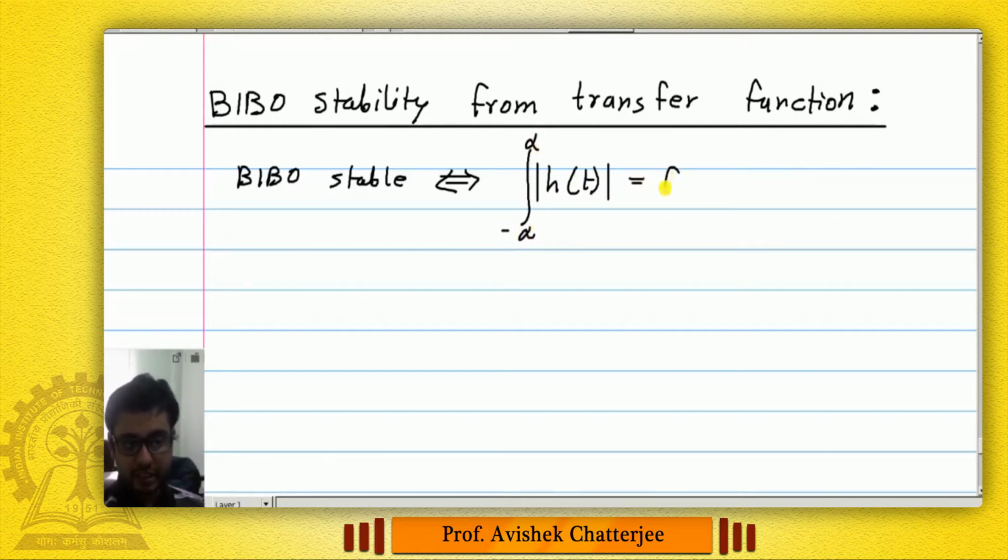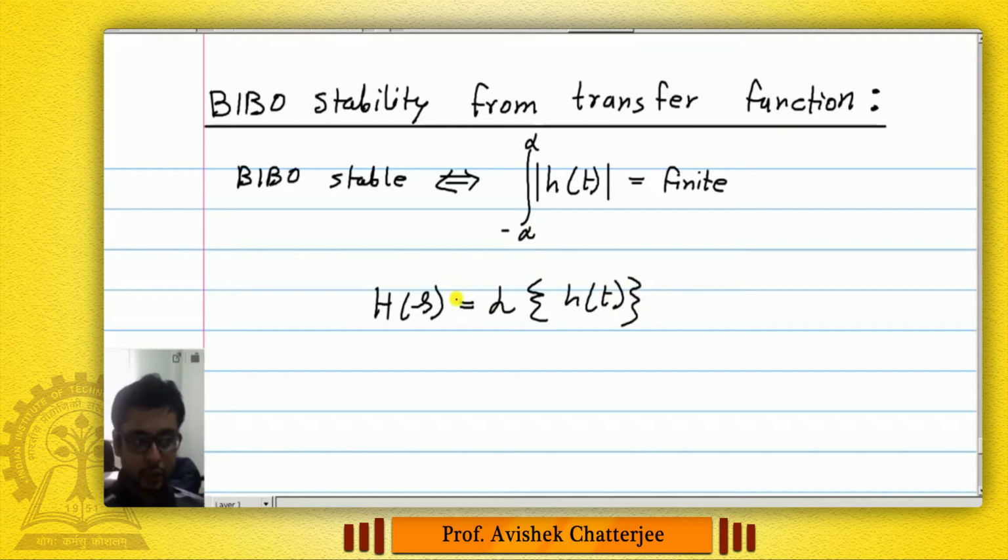So this is finite if the system is stable. And we have also seen that the transfer function is the Laplace transform of the impulse response. Therefore, you can expect that there is some relation between the transfer function and BIBO stability of a system.